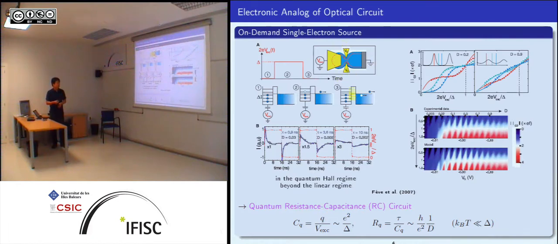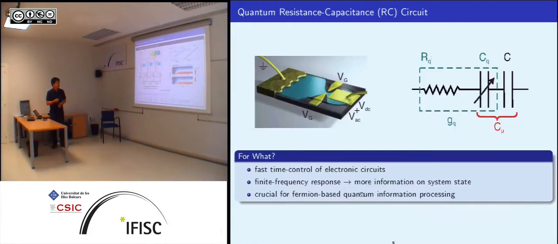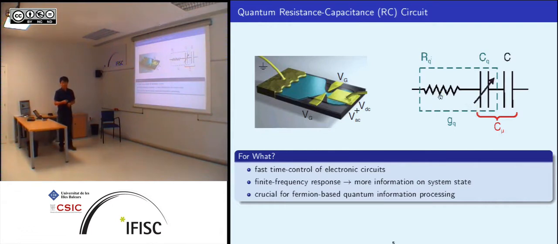People should think of this as a kind of RC circuit like this. We can think of this system as a circuit with resistance and capacitance. Actually, we have very good experience with these circuits.